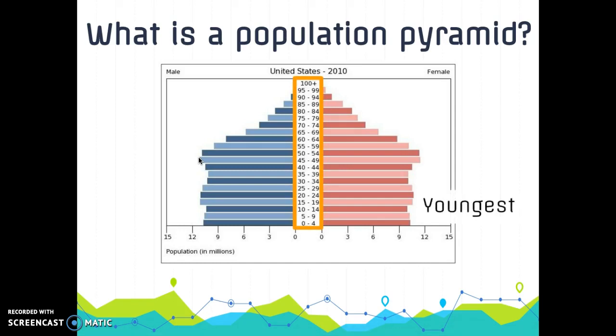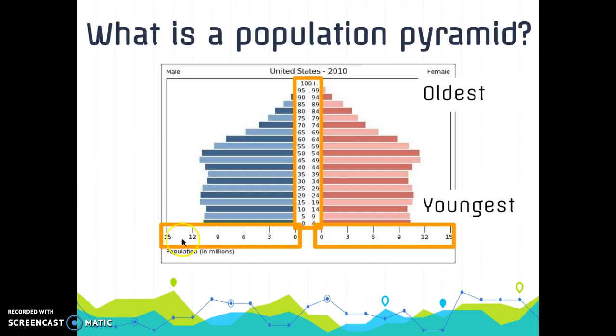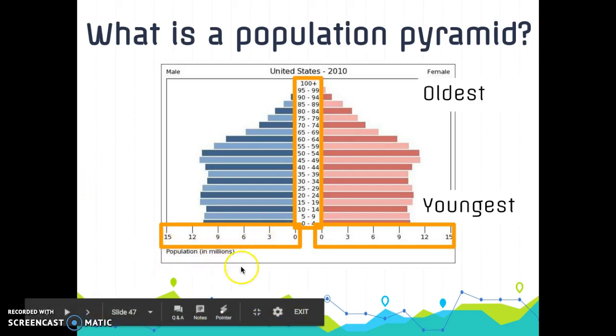So we've got the youngest age groups at the bottom and the oldest at the top. And then the length of the bar typically represents the percentage of total population of each of those age groups. So for instance, this one is a little funky because it just uses population as a total number, and you may see that sometimes too, but oftentimes down here, these are going to be percentages.